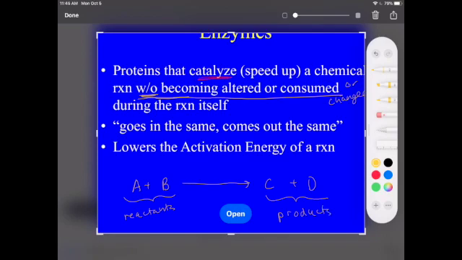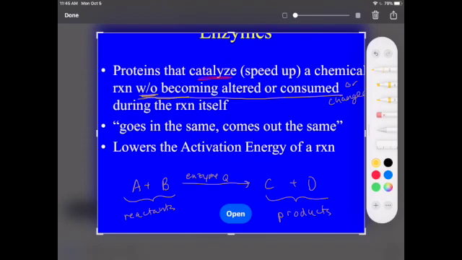If an enzyme works on this chemical reaction, the name of the enzyme is usually or often written above the reaction arrow in teeny tiny letters. So I'll just write enzyme Q here. It'll be written like that.